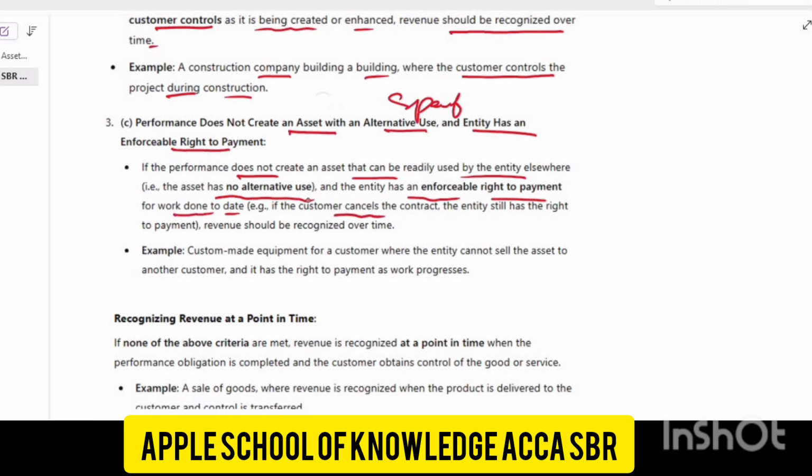And if the customer cancels the contract, the entity still has the right of payment. The revenue should be recognized over time. For example, custom-made equipment for a customer, where the entity cannot sell the asset to another customer and it has the right to payment as work progresses.